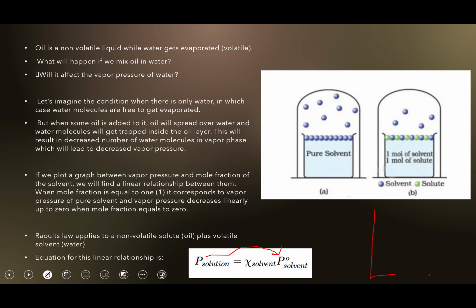So if you have a graph like this, let's say that this is a concentration of A and this is a concentration of B. There's going to be some relationship between them in which you have an entire line, and as we approach the other, we're going to have decreased vapor pressure. So you're going to end up with graphs that are kind of like this.